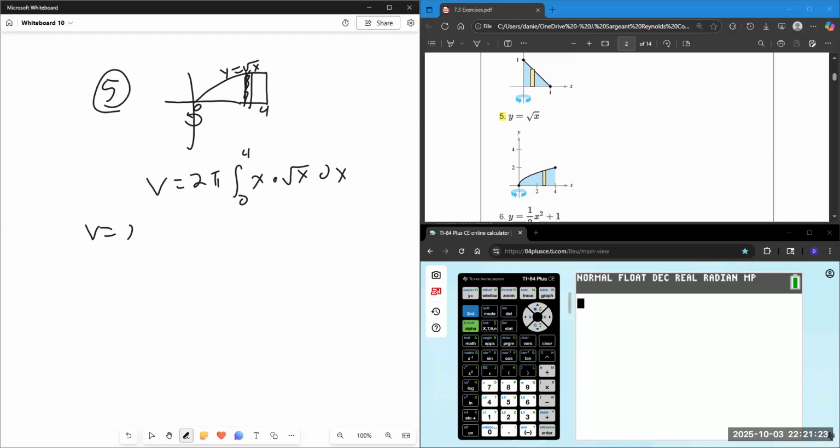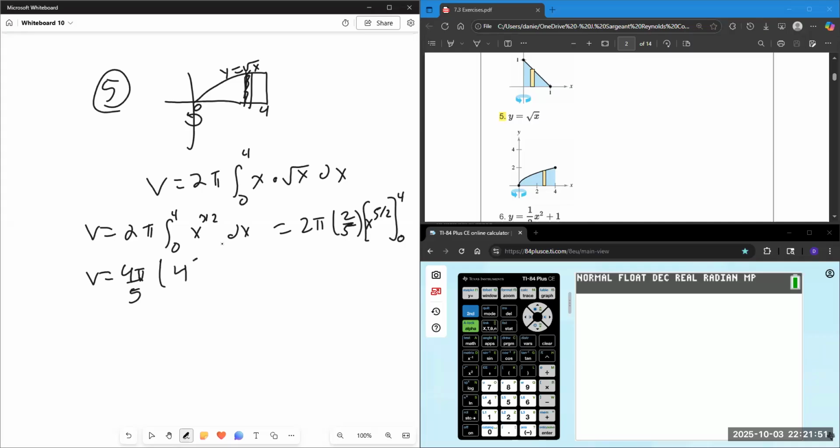So this is v equals 2 pi, 0 to 4, x to the 3 halves dx will be 2 pi, x to the 5 halves times 2 fifths, and this x to the 5 halves is evaluated from 0 to 4. So volume is 4 pi over 5 times 4 to the 5 halves minus 0 to the 5 halves. 4 pi over 5.